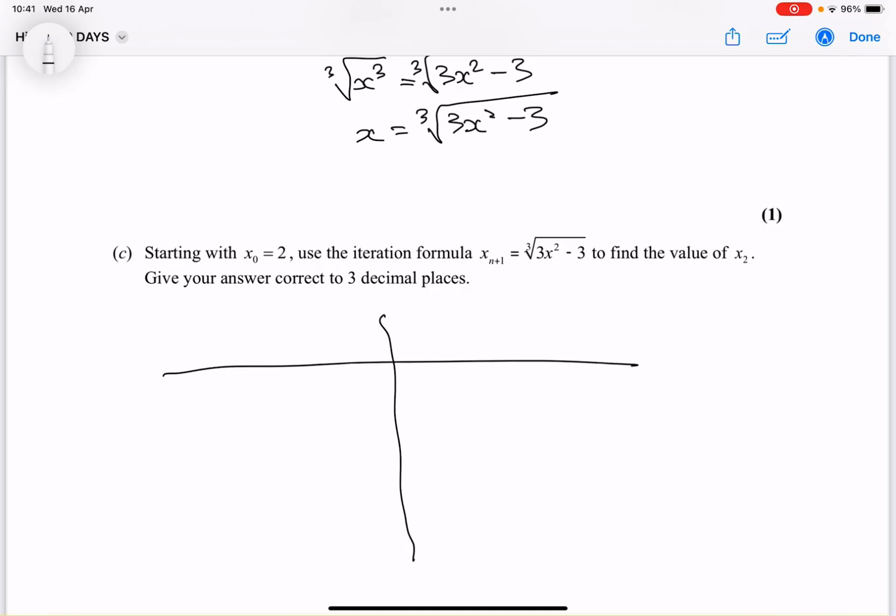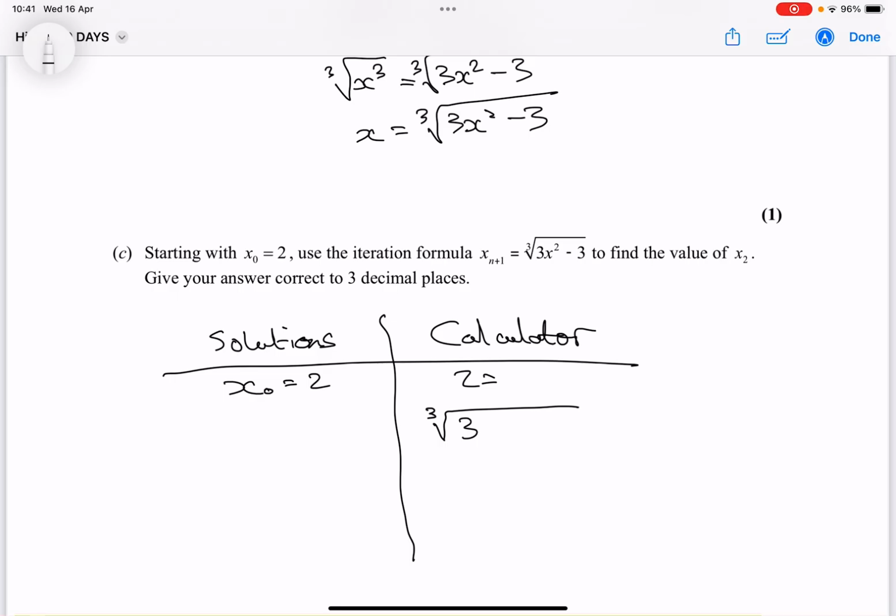Right, so what we've got here, starting with x0 equals 2, use the iteration formula on the calculator. I've got cube root of 3 lots of x n squared minus 3, to find the value of x1 and x2. It's the nice thing about Ans, it's in brackets on its own.